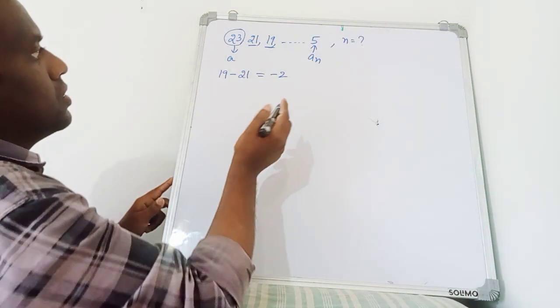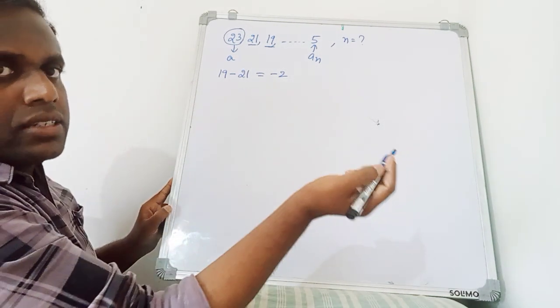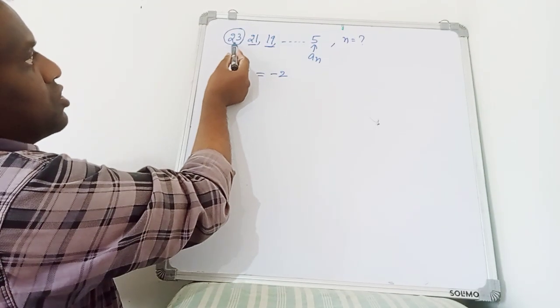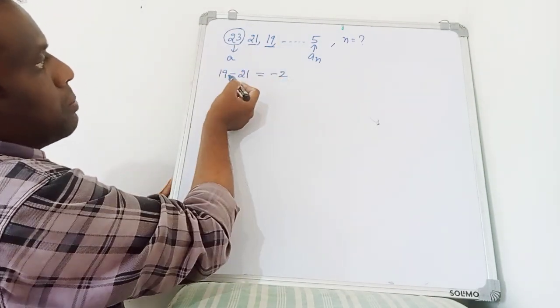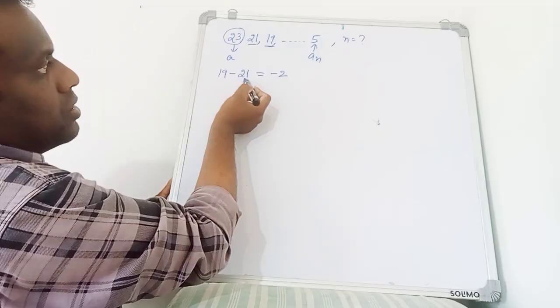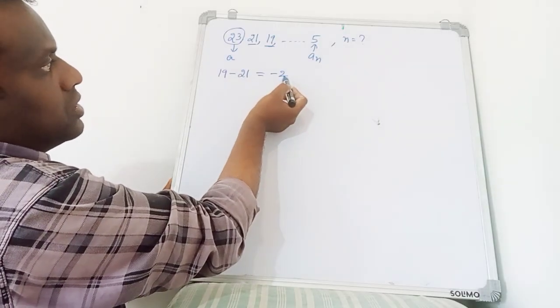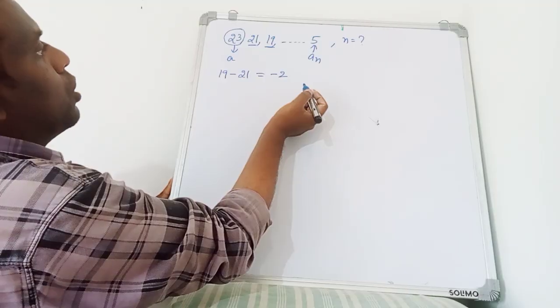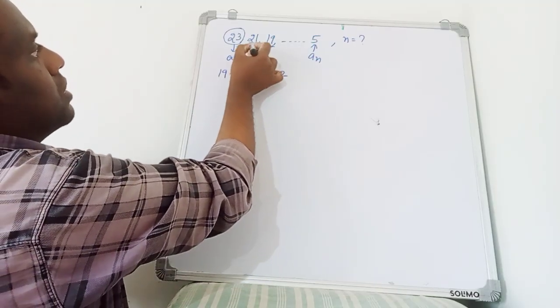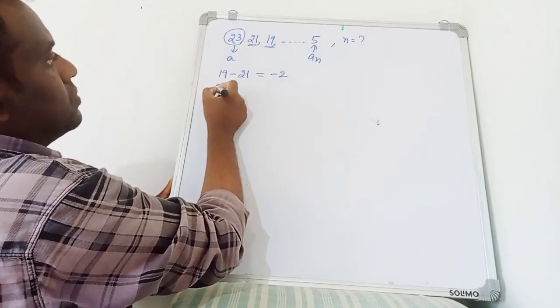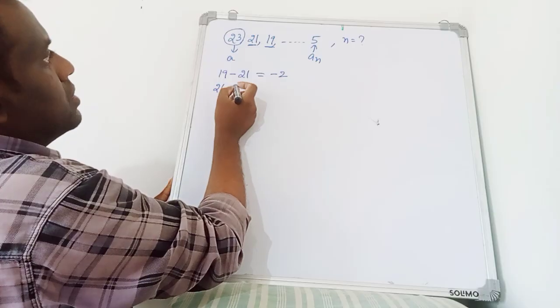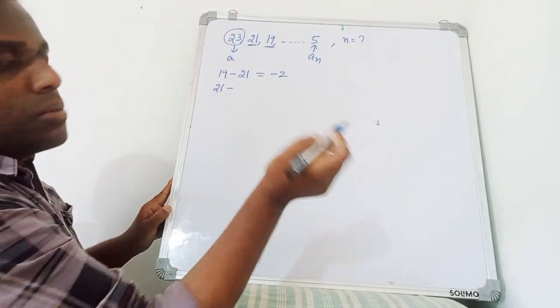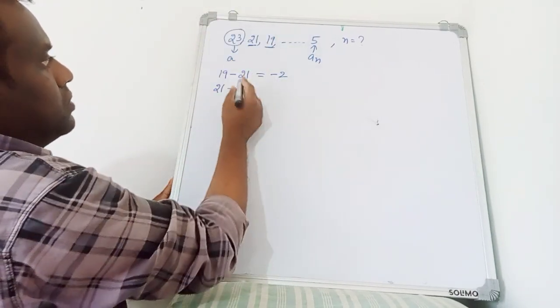Yeah. So if you do like this, except the first term, if you take any number minus the first previous number, we get this. Similarly, you take another number. Now I will take this number 21 minus the first previous number, which is 23.